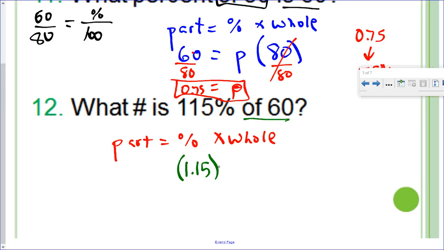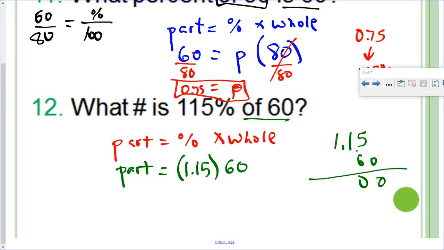It's out of 60, so I'll multiply that times 60. And that should give me my part, or my portion. When I take 1.15 and multiply it times 60, and do this the long way, I have 2 decimal places here. That ends up being 69 is my part.